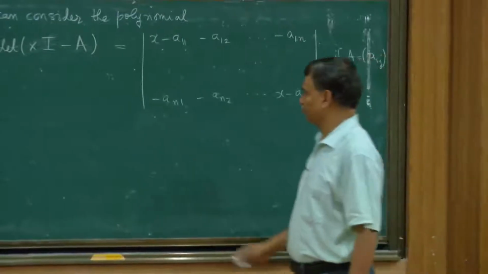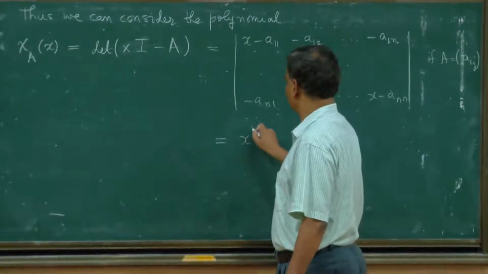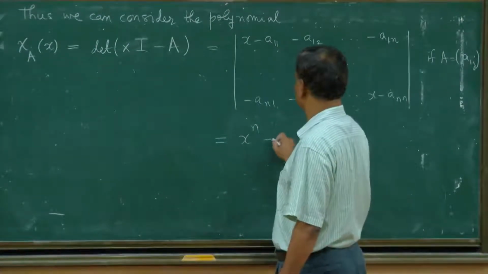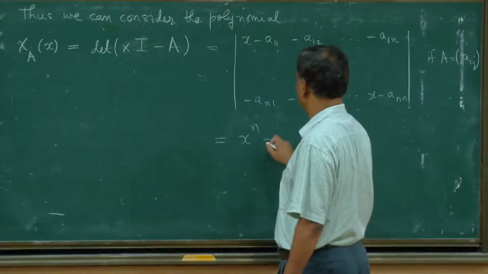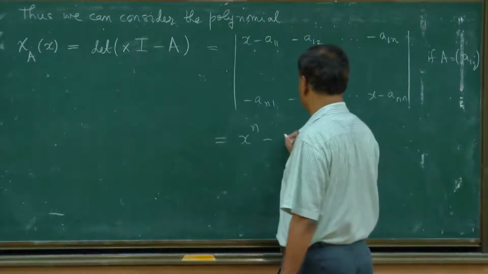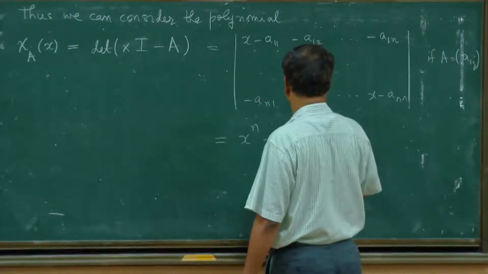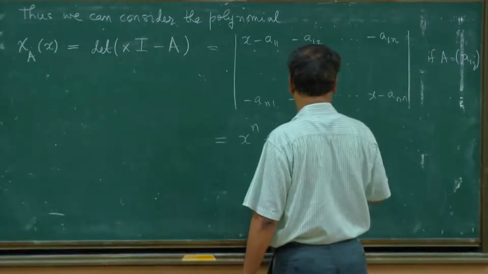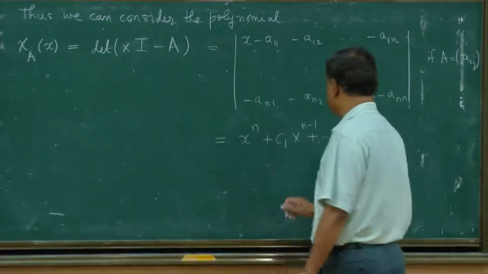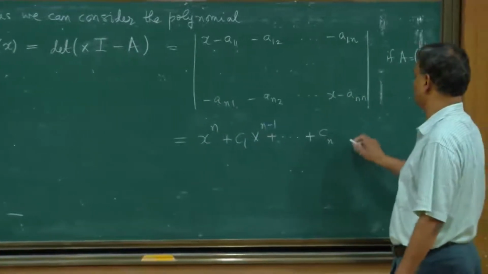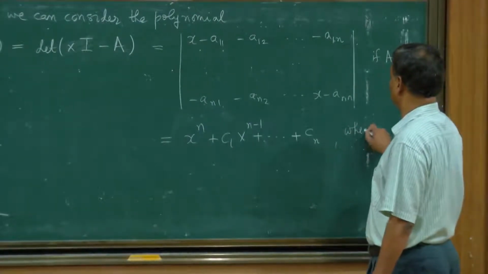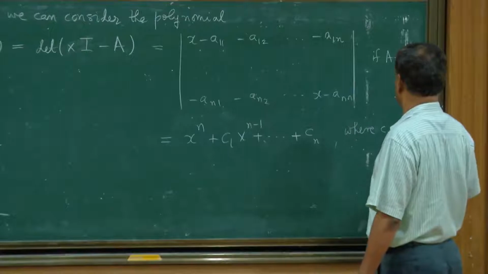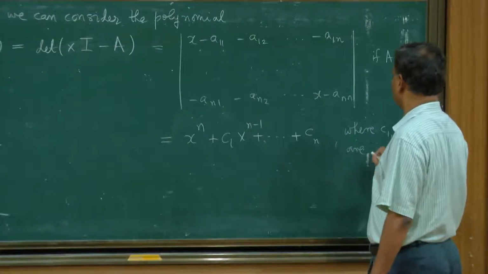This is a polynomial of the type x to the n minus c1 x to the n minus 1, and so on, plus cn, where the ci are scalars.